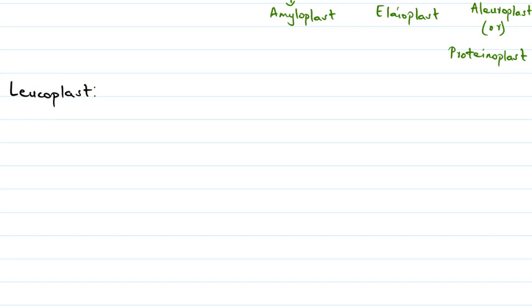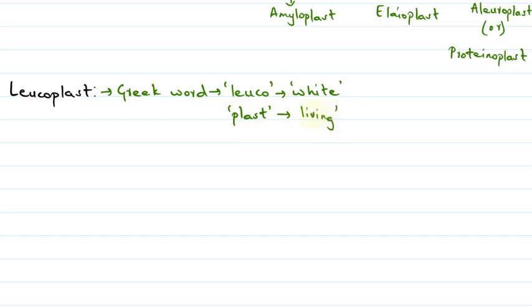This term is derived again from a Greek word, where leuco means white and plast means living. So leucoplasts are colorless plastids.